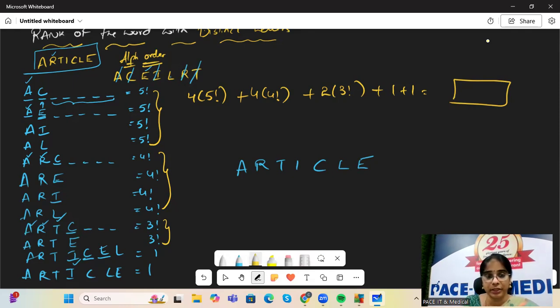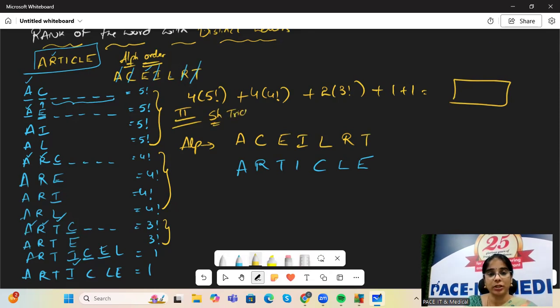Start with your alphabetical order, that is A, C, E, I, L, R, T. See, generally we'll be going with alphabetical order, so hence preference to be given to alphabetical order. So alphabetical order on the top. Now the method 2 is what I'm going with, the shortcut trick to find the answer very easily, right?